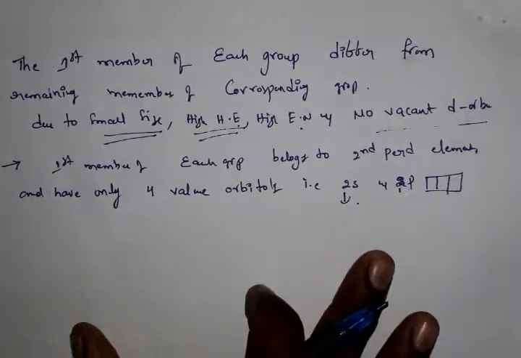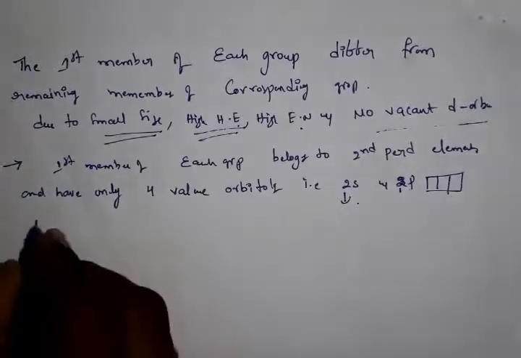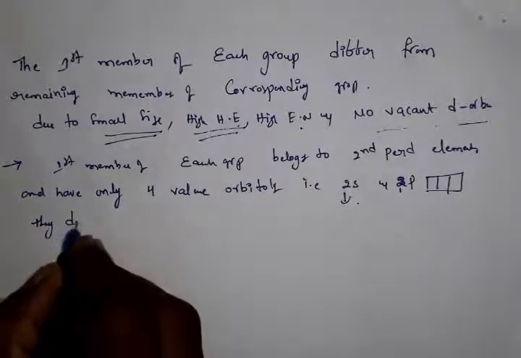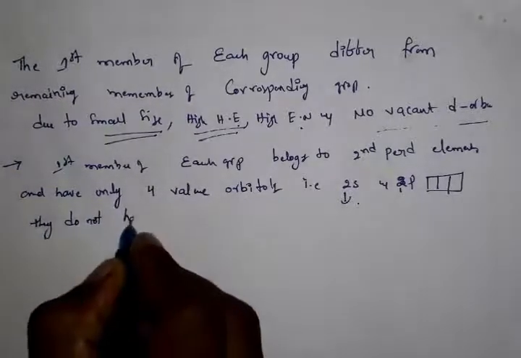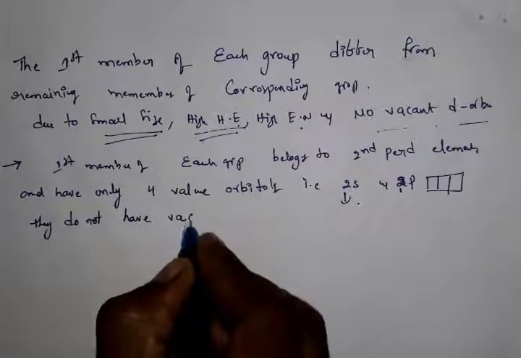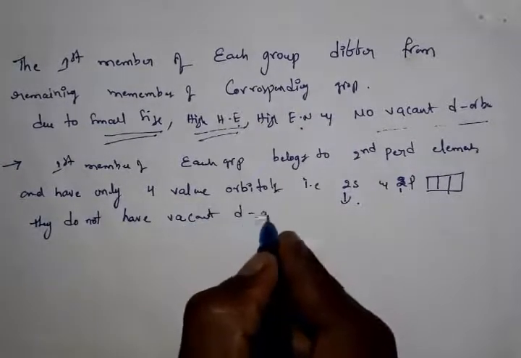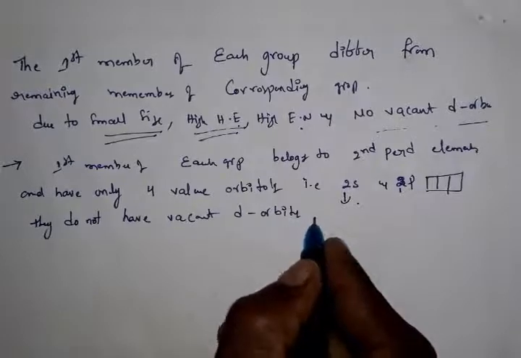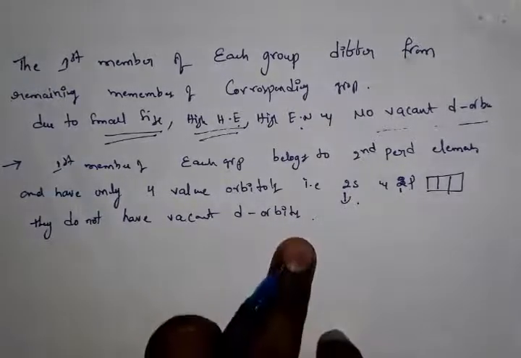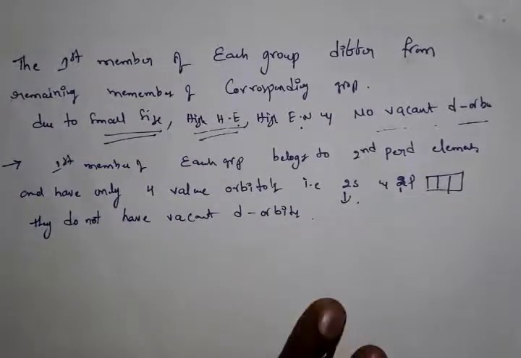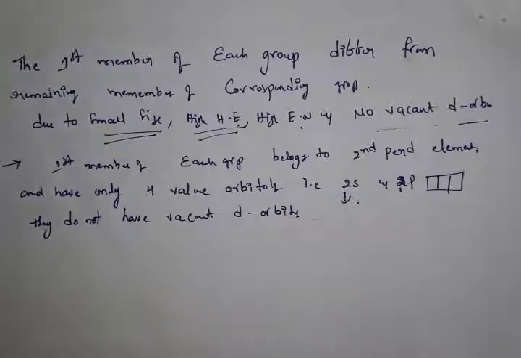They do not have vacant d orbitals in their valence shell. So therefore each member has a maximum covalency or valency of 4.